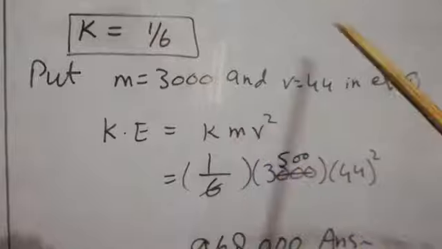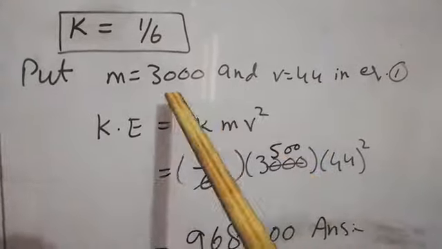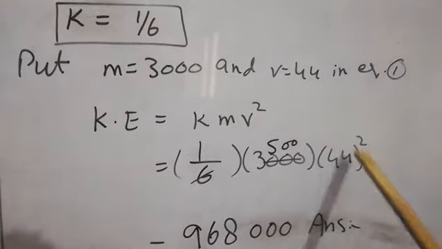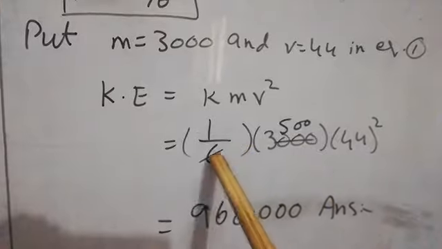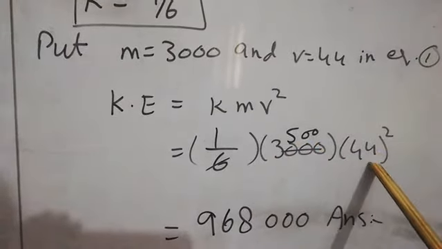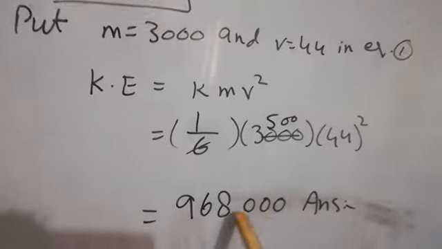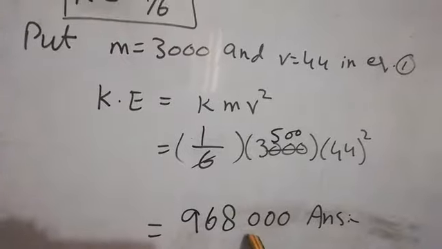Now we will put the new values. k is 1 by 6, m is equal to 3000, v is equal to 44. So first we will divide 3000 by 6, we will get 500. 500 multiplied by 44 multiplied by 44, we will get the answer 9,68,000. This is the answer.